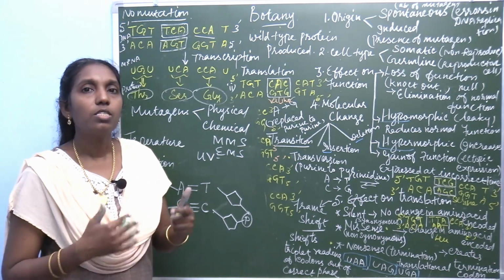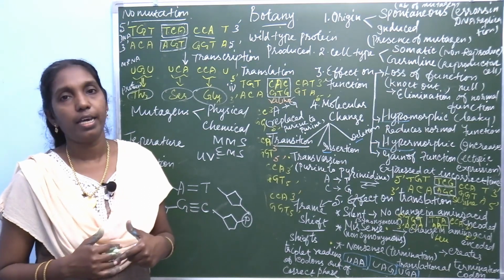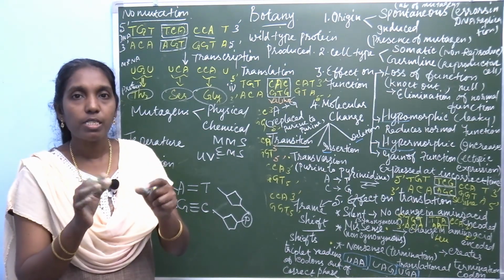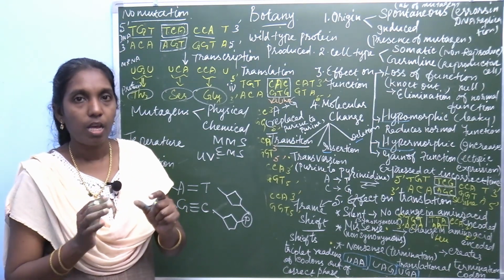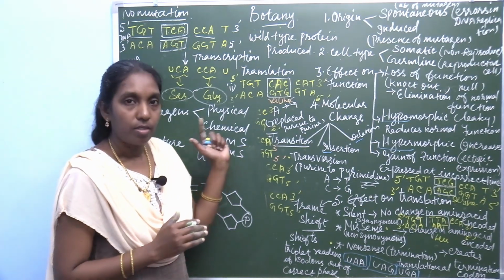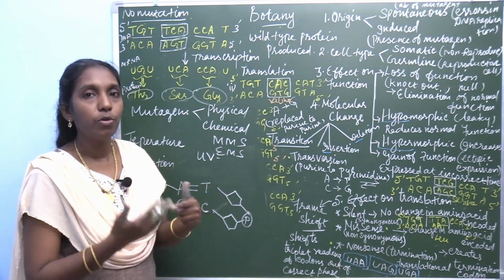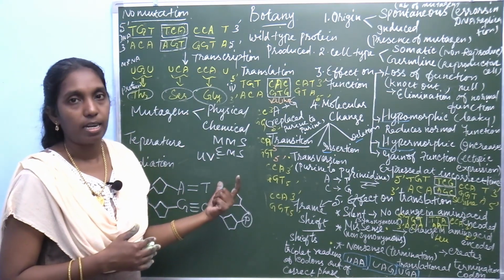All of these come under chemical mutagenic agents. These chemical compounds affect the nucleotide sequences and form mutation in the cell.